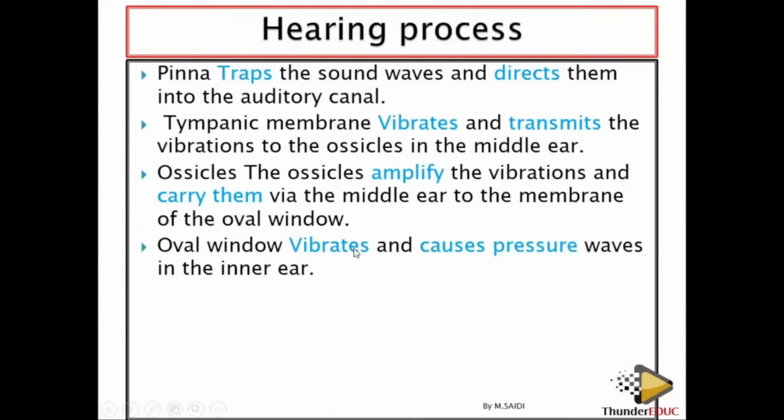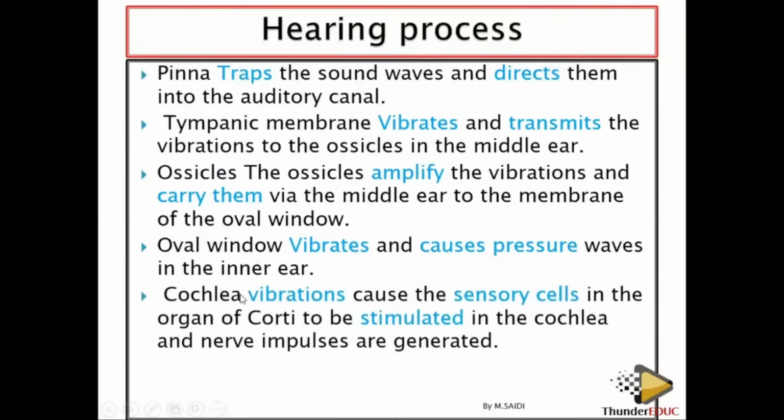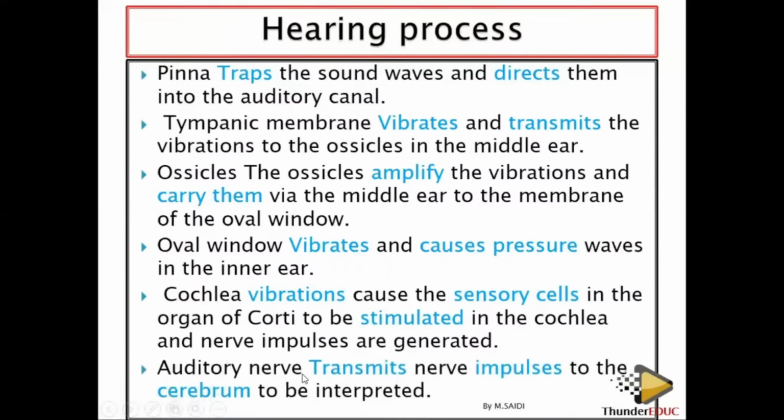Then the oval window vibrates and it causes a pressure wave in the inner ear, that is basically the perilymph, as we saw. Then the cochlea vibrates and the sensory cells in the organ of Corti are stimulated. It means they now change this vibration into a nerve impulse. The impulse is sent to the brain via the auditory nerve, which transmits it to the cerebrum for interpretation.